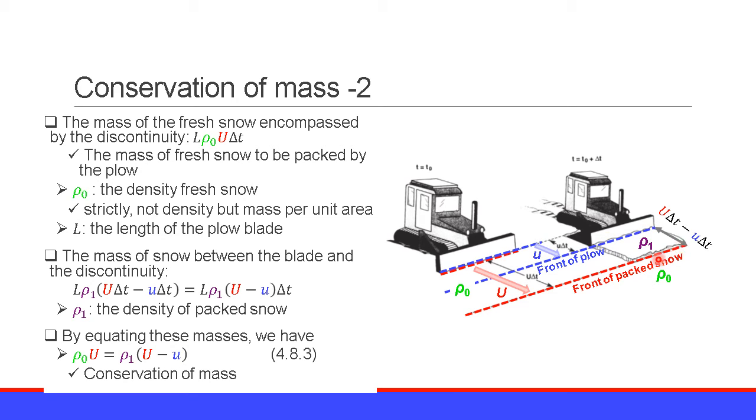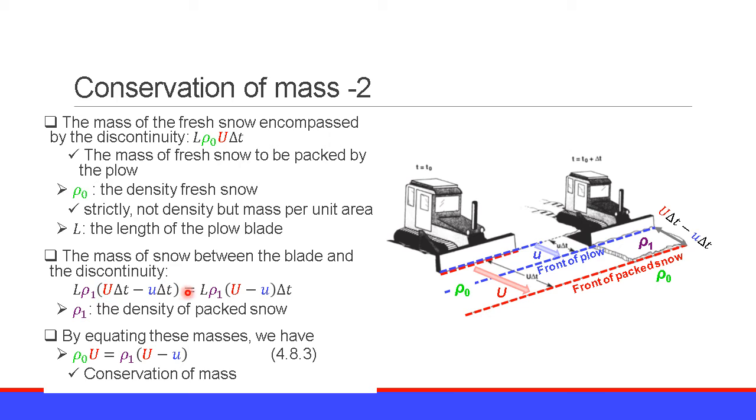The front of the packed snow is, as we have already seen, large U times delta t, and the front of the blade is small u times delta t. Therefore, this length is large U times delta t minus small u times delta t.